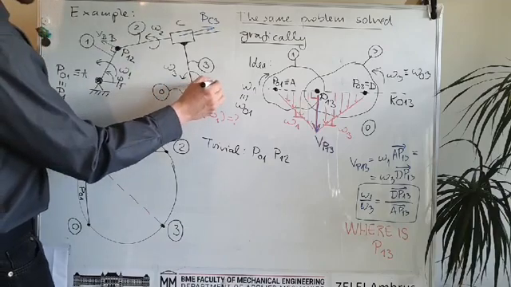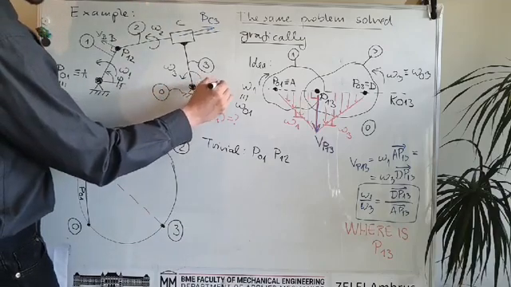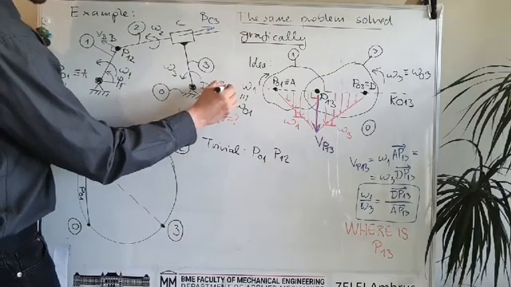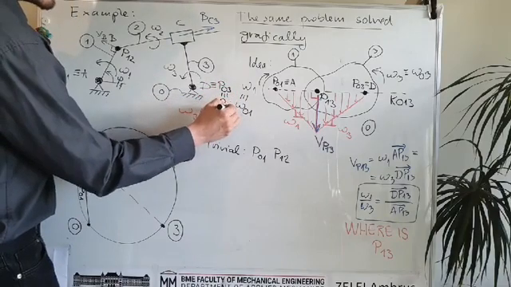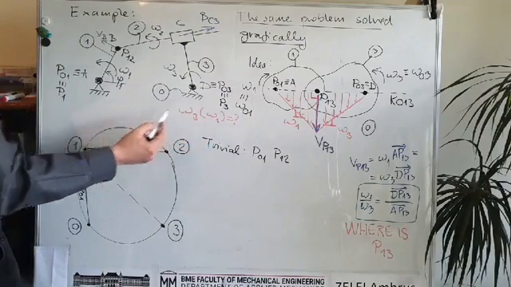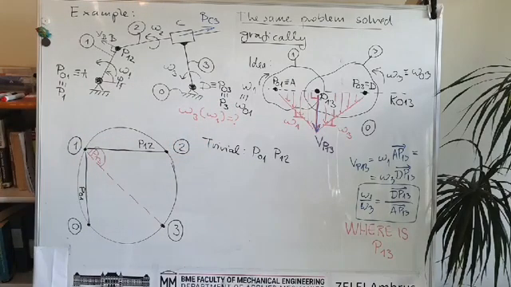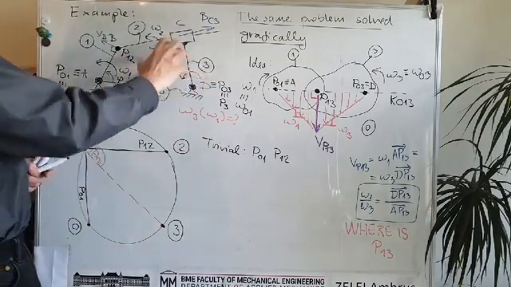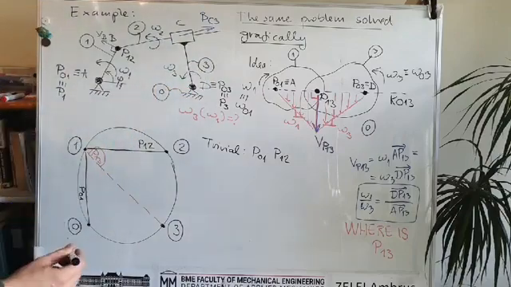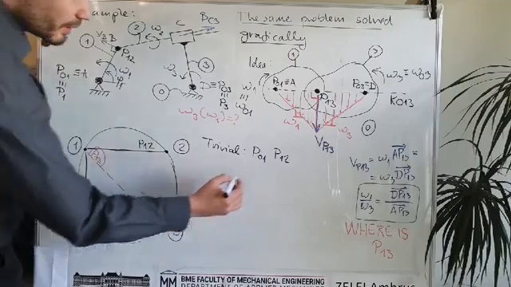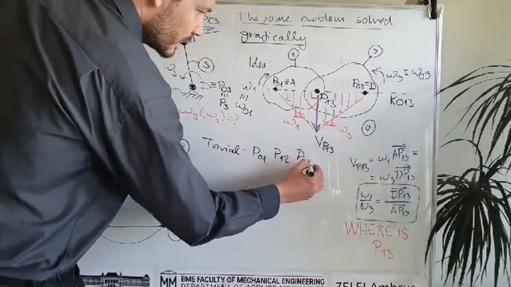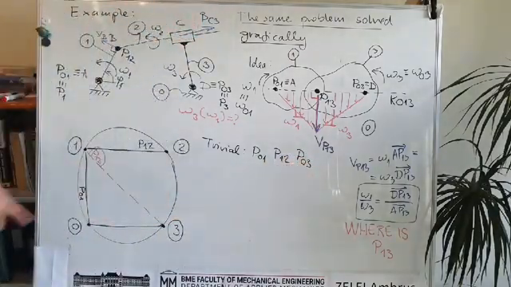So this point, which is identical with point D, is P03, but it is actually identical with the absolute instantaneous center of velocity of rigid body number 3, because it is fixed to the ground here. So P03 is also a trivial relative pole, and its location is well known.